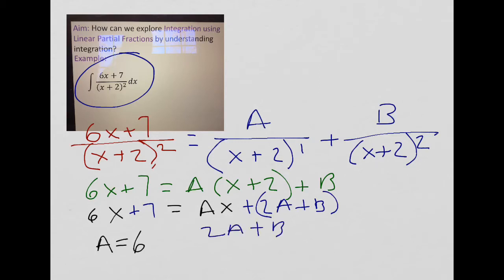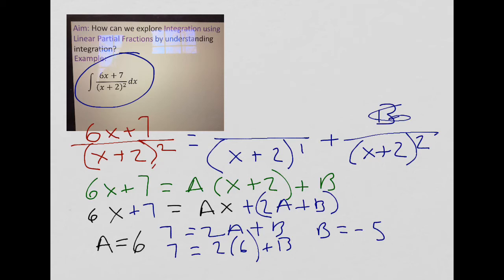And if that is the case, and we know A already is 6, then we find out that 7 minus 12 would be B, and 7 minus 12 would be negative 5. So I have 6 and negative 5 as my answers. Whoop, let me erase that and actually write them in. Okay, 6 and negative 5.